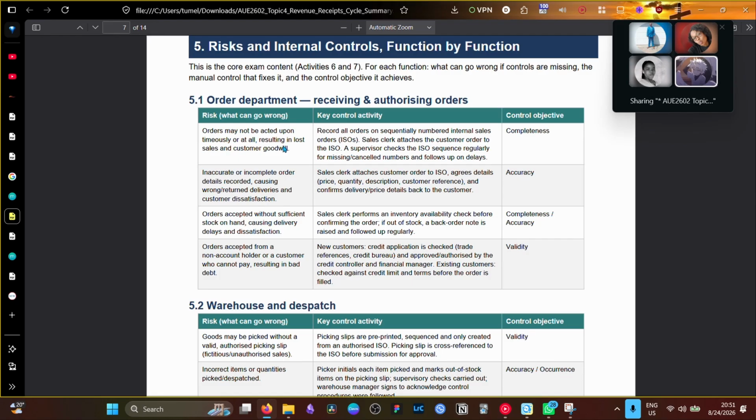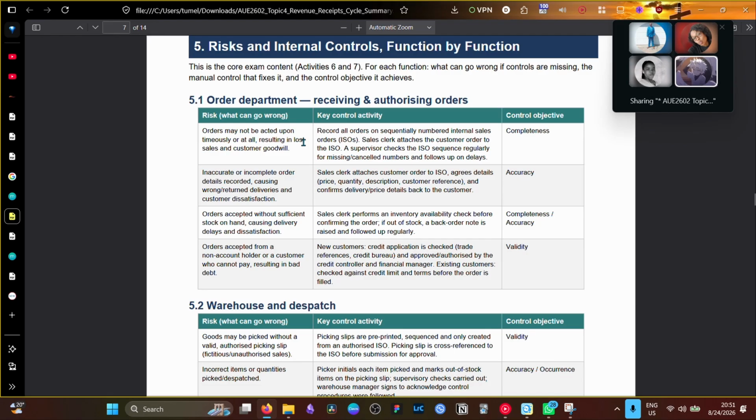But yeah, in a business it can happen where orders may not be acted upon timely. Maybe they didn't act upon it immediately and it might take some time, or not at all. So what is a key control activity? What can we do to minimize this risk, or fix this issue?